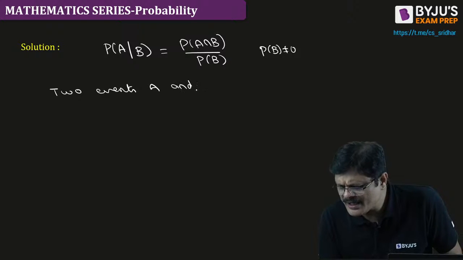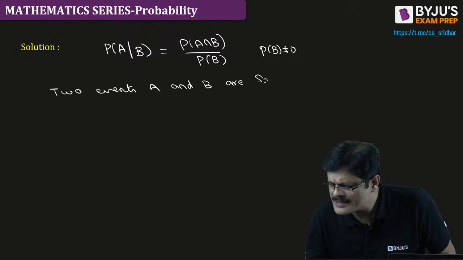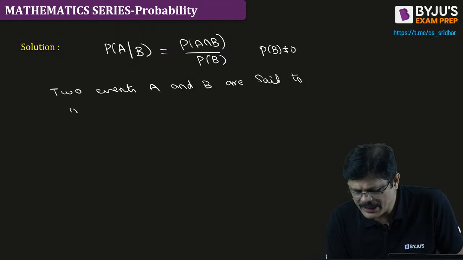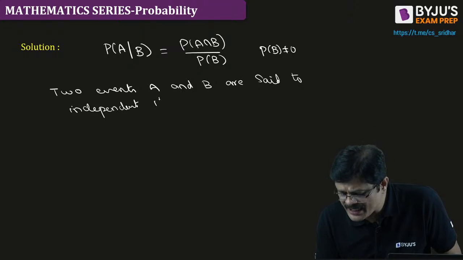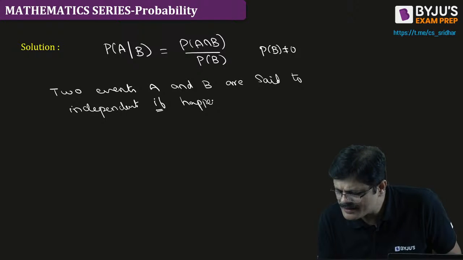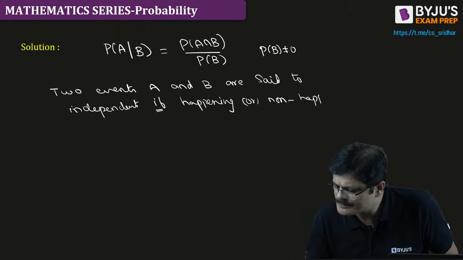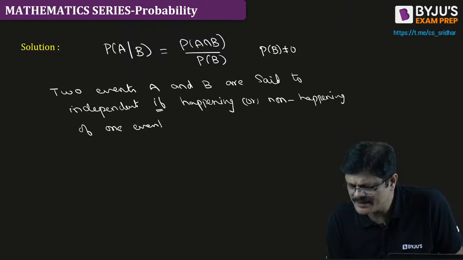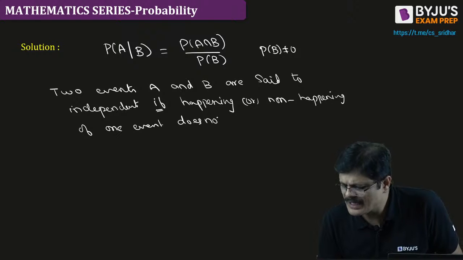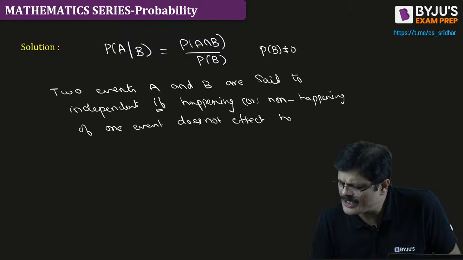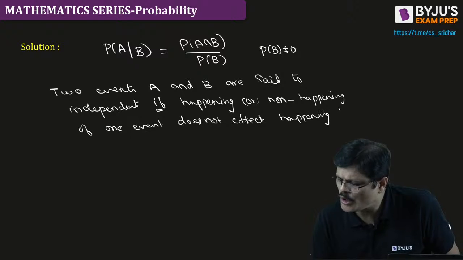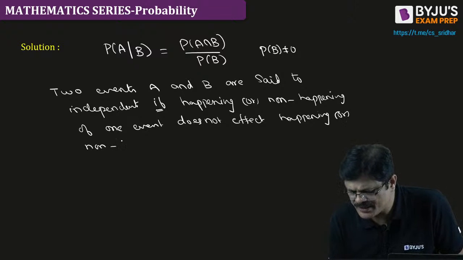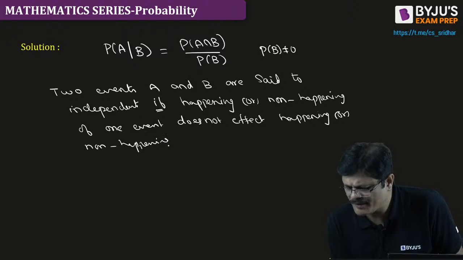Two events A and B are said to be independent if happening or non-happening of one event does not affect happening or non-happening of the other event.